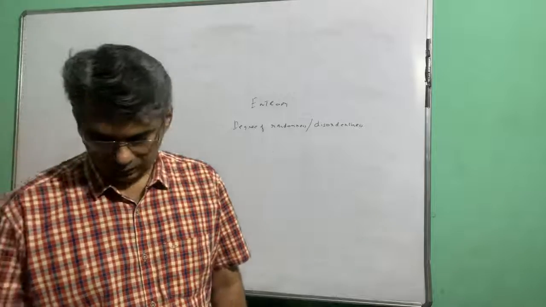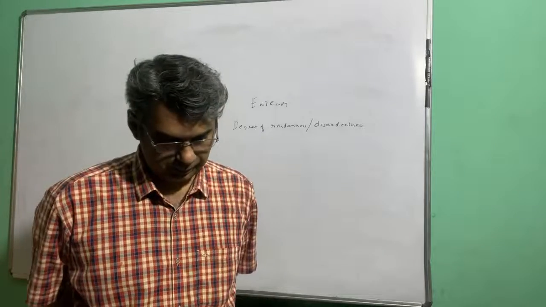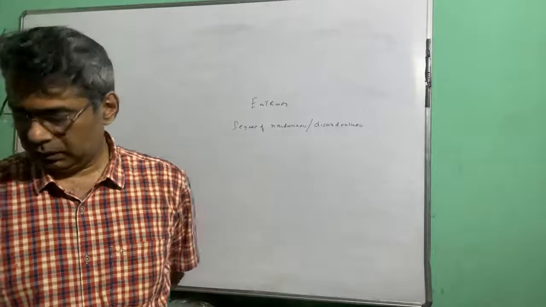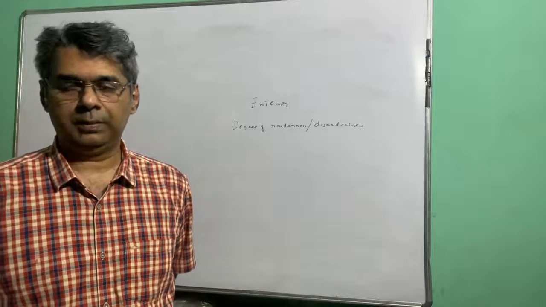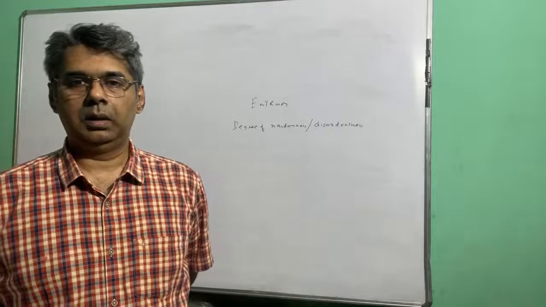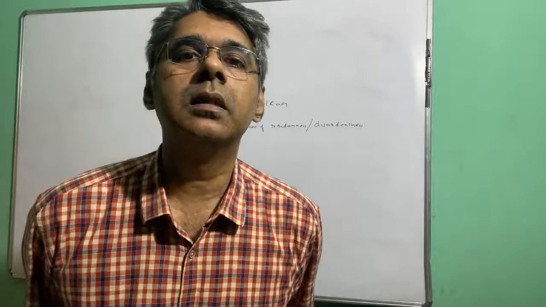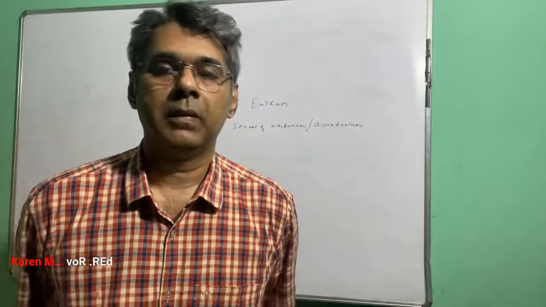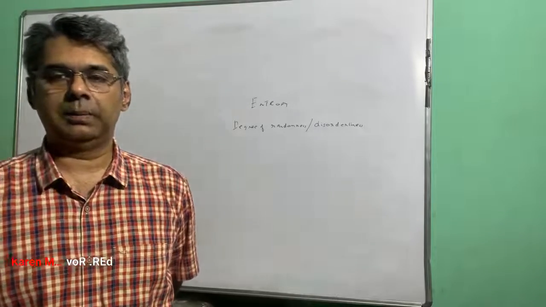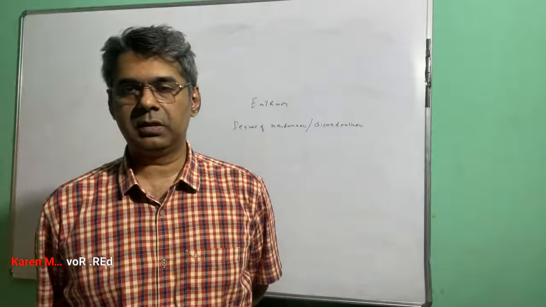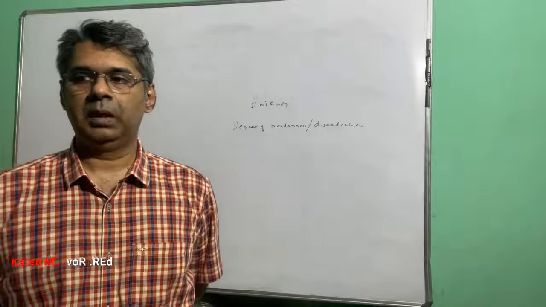Okay, now in today's meeting of thermodynamics, we are going to discuss entropy. Now, what exactly is entropy? Entropy of a system is the degree of randomness or disorderliness of the system.